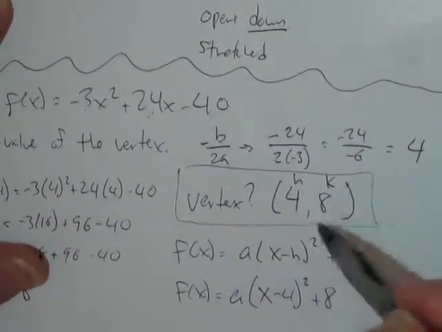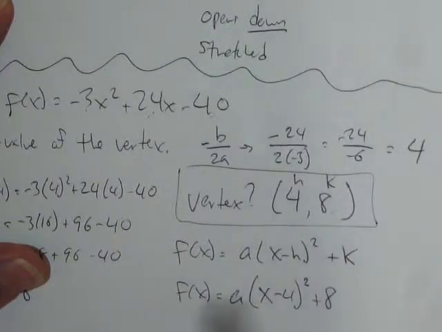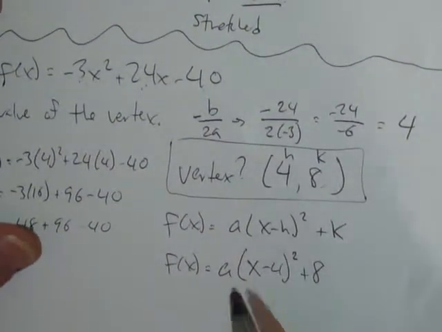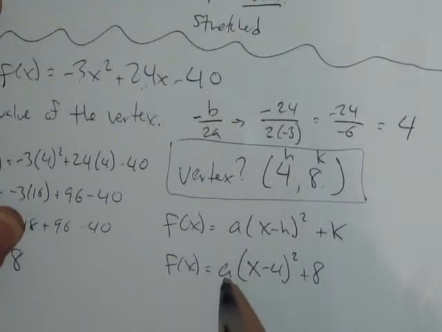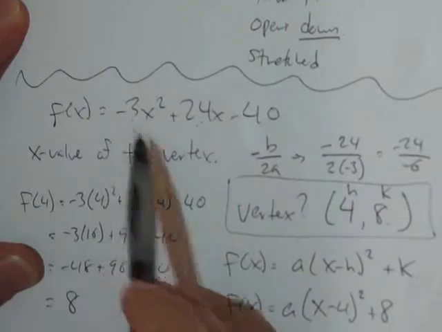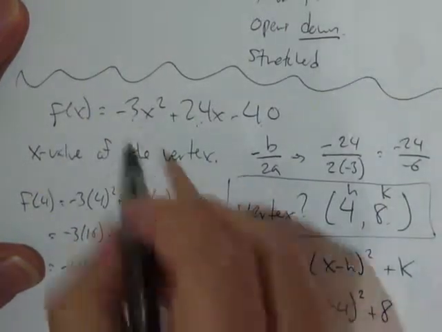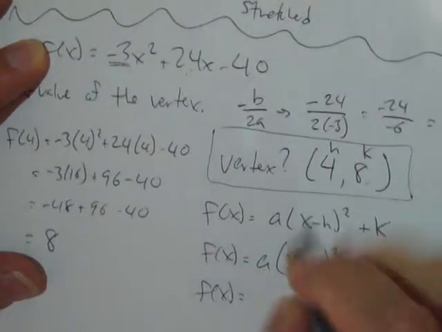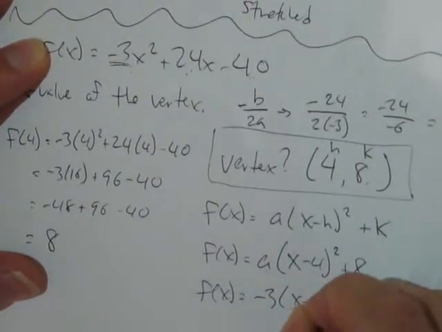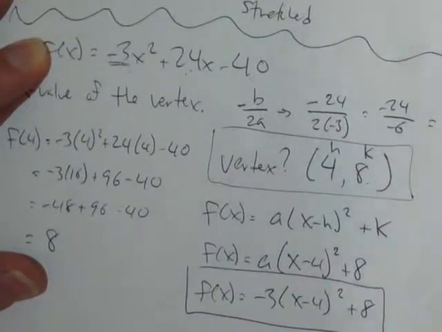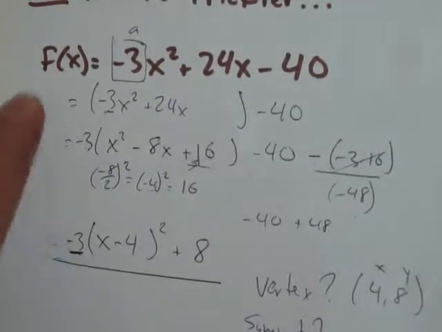Once we had the vertex, we can plug it right into the vertex form of the equation. Now, what's the a? Remember we said the a was the same. We use the same a from here as we do down here. So there it is: f of x equals negative 3 times (x minus 4) squared plus 8. And we get the exact same one that we got after doing all this crazy stuff.